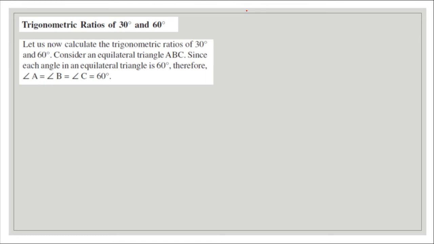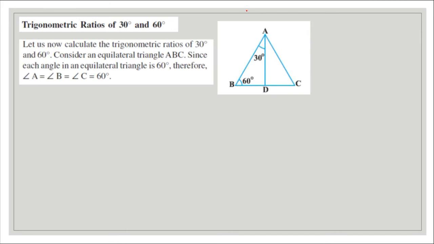Since in an equilateral triangle all the angles are equal to 60 degree, I'll consider a perpendicular. Let me draw a perpendicular AD from the vertex A to the side BC. What happens if the perpendicular is drawn? This angle will be divided.